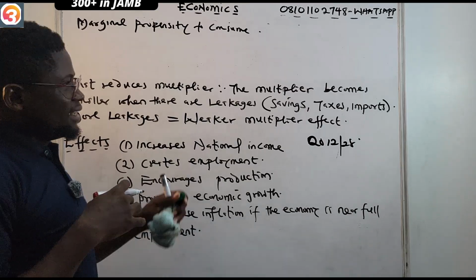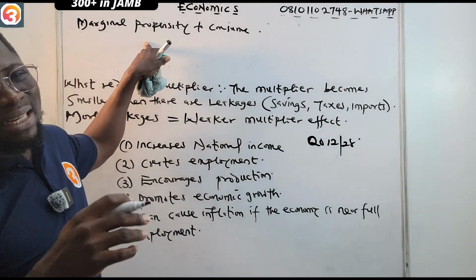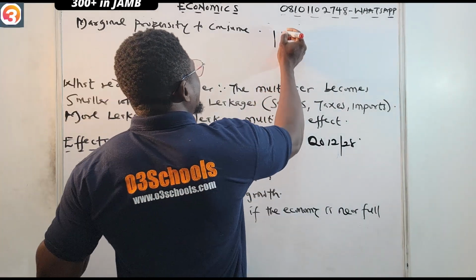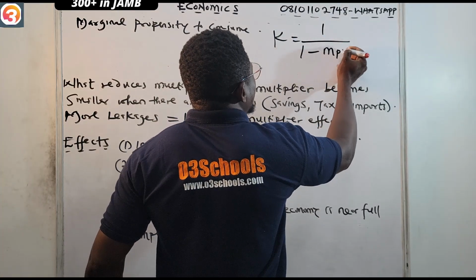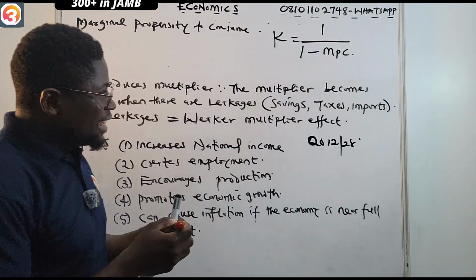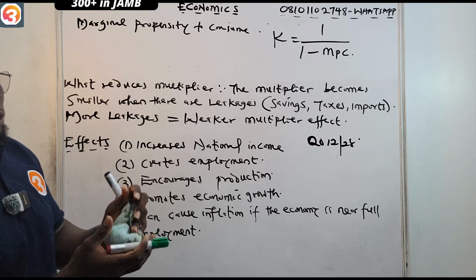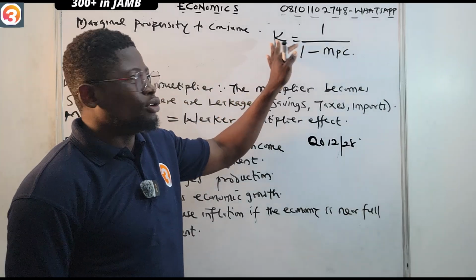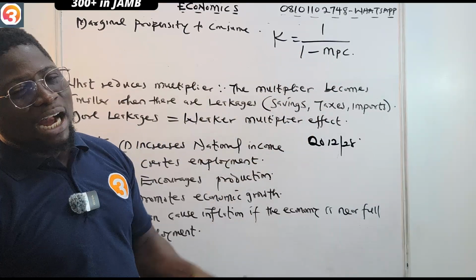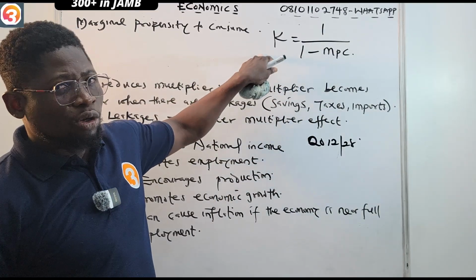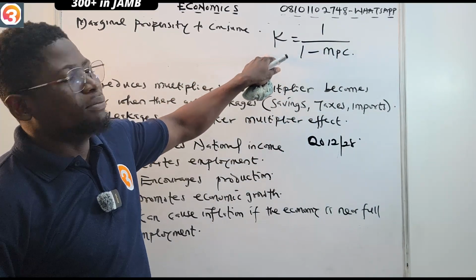In terms of marginal propensity to consume, multiplier K is equal to 1 all over 1 minus MPC, that is 1 divided by 1 minus MPC. Are we together?